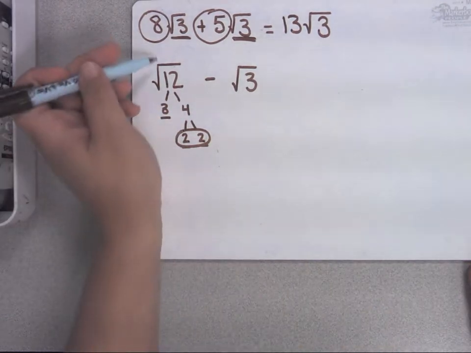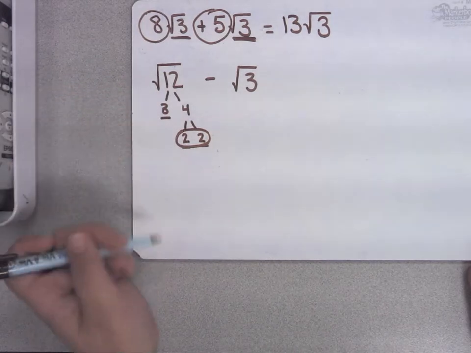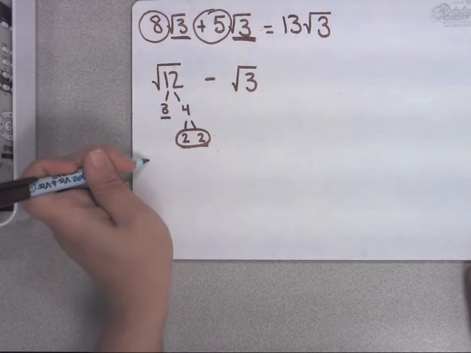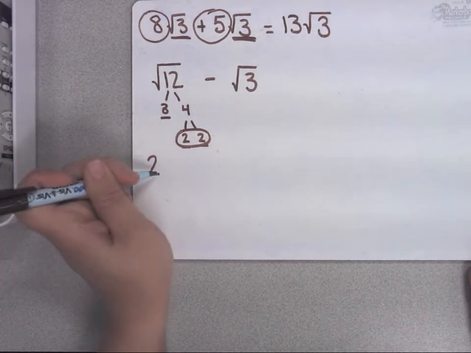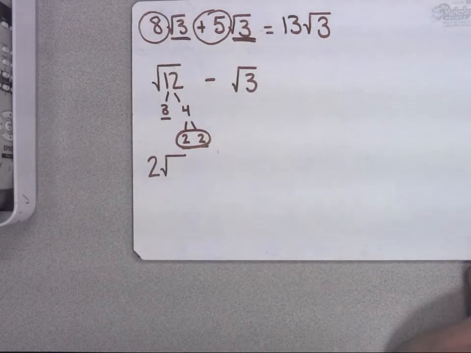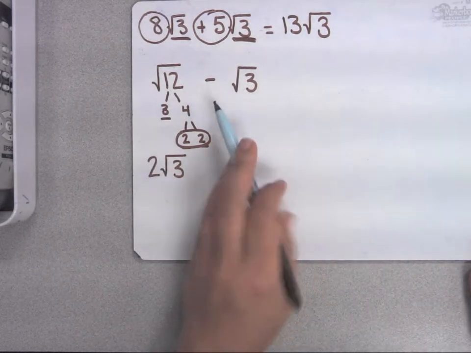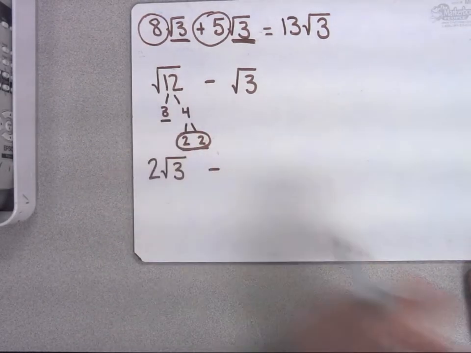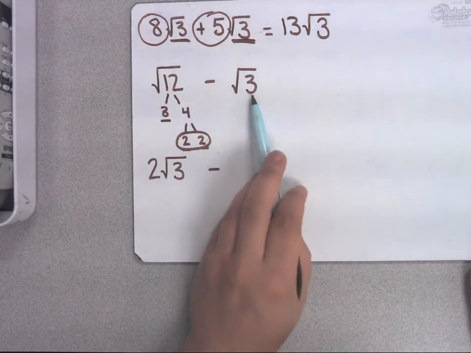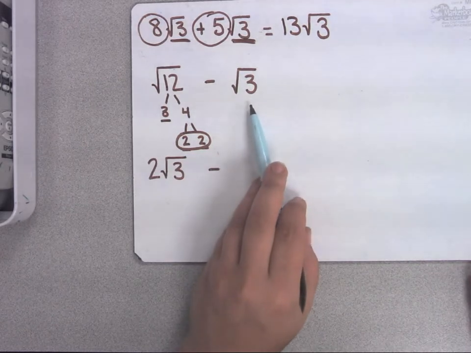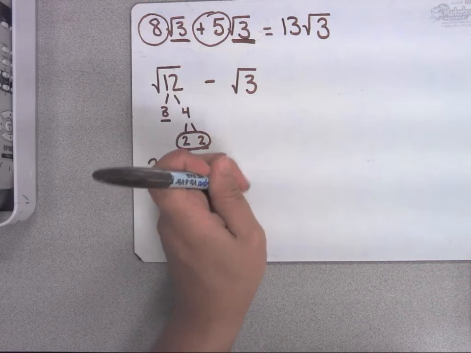Okay. So how would I rewrite this guy? Circled number is 2. What's left underneath the sign? The number 3. Now it says minus, so I bring down my minus sign. Square root of 3, can we break that down at all? No, because it's just 3 times 1. So we're just going to bring him down here.